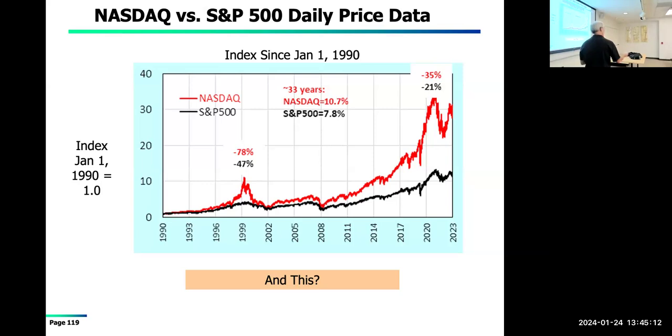I can tell you, if you went to sleep for 33 years, and you didn't care about what happened in between, and you didn't make any adjustments, you just closed your eyes and waited, you would be wealthier having invested in the NASDAQ index rather than the S&P index.